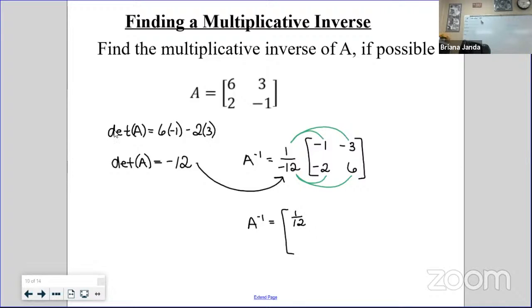A negative times a negative is a positive. A negative times a negative is a positive on that -3. But what is 3 over 12? 1/4.